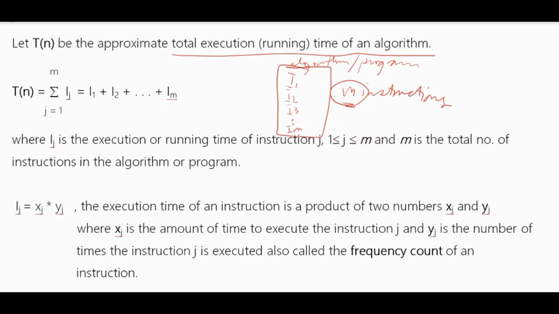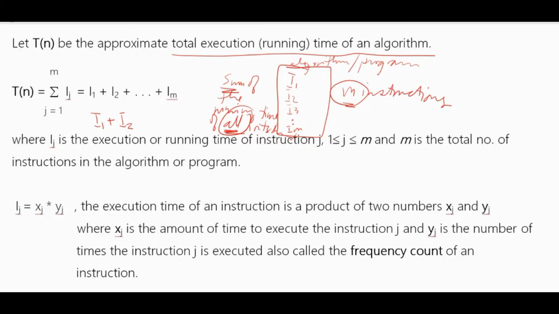The total running time of the algorithm or program is simply the sum of the running time of all instructions or statements. Say we denote I1 as the running time of instruction 1, and I2 as the running time of instruction 2.